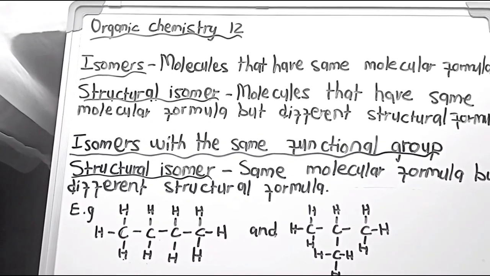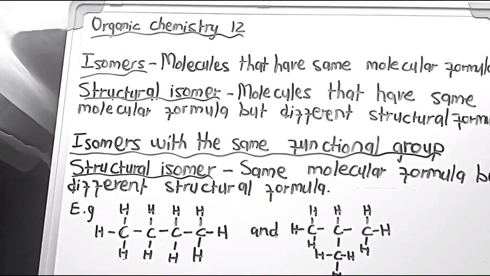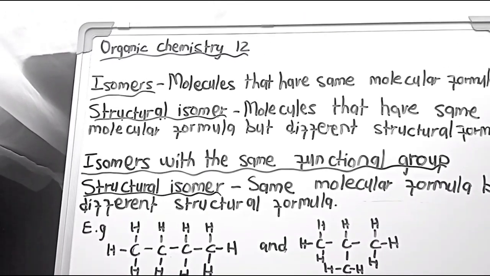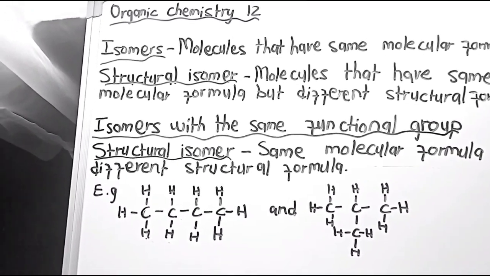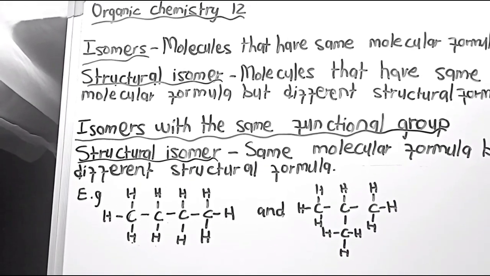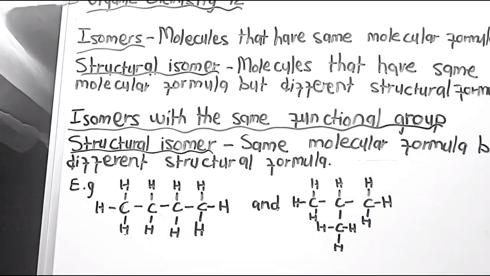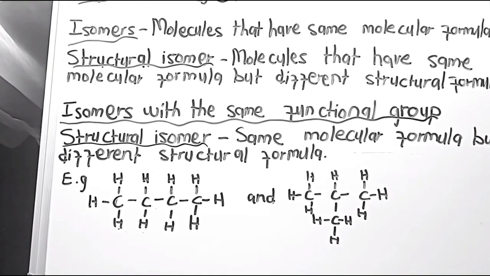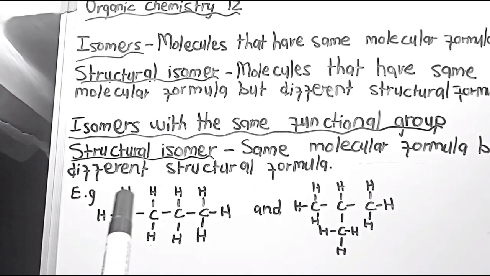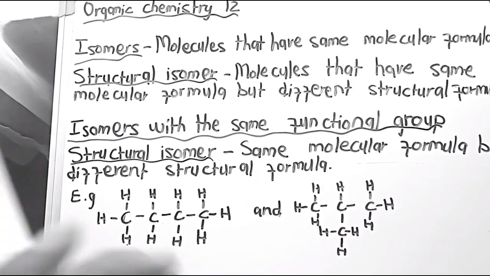Under isomers with the same functional group, we have two isomers: structural isomer and positional isomer, but we will be starting off with structural isomer. Structural isomers have the same molecular formula but different structural formulas.